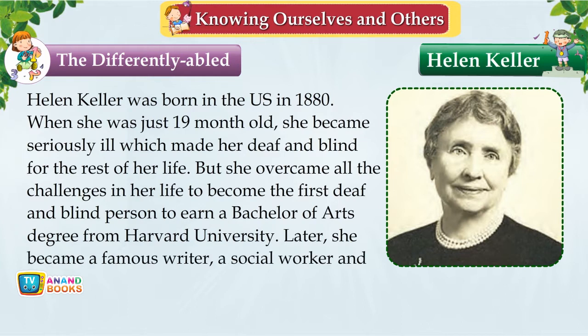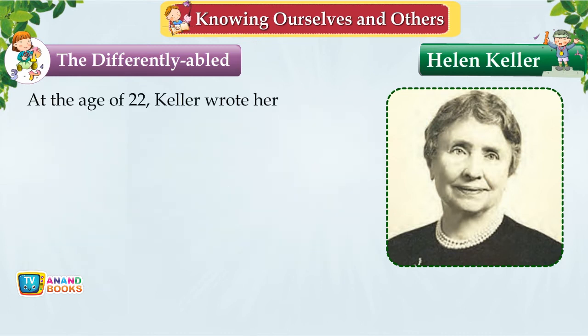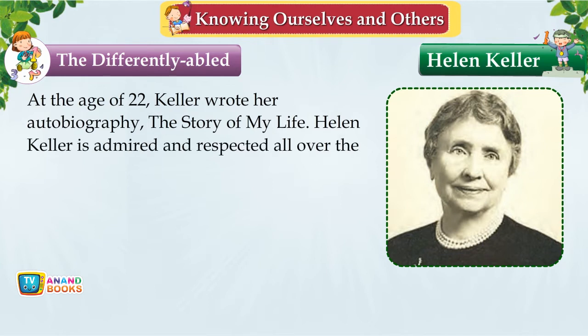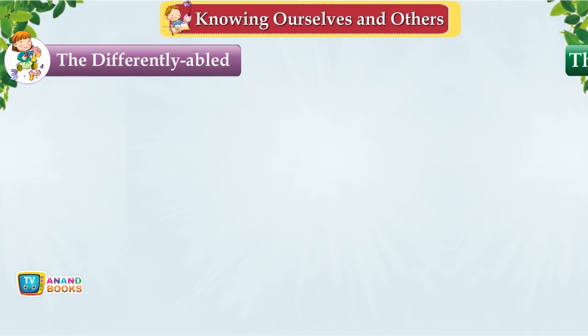Later, she became a famous writer, a social worker, and an orator. At the age of 22, Keller wrote her autobiography, The Story of My Life. Helen Keller is admired and respected all over the world for her perseverance, courage, and strength of mind.